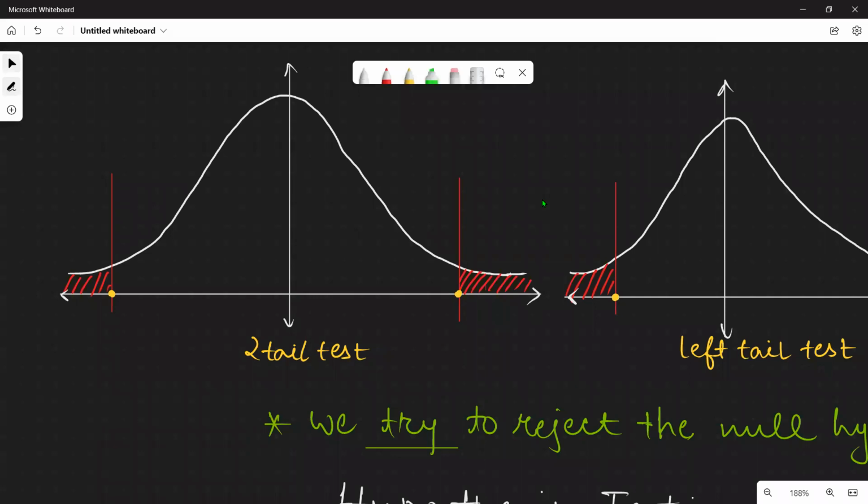All these validation techniques, when we study them one by one, I don't know whether we'll be able to do that today or not, but if we start from tomorrow also, there is no problem. When we start talking about these tests, you will realize that we will refer to a lot of tables. For example, we will refer to the Z table, the T table, and, let's say, the chi-square table.